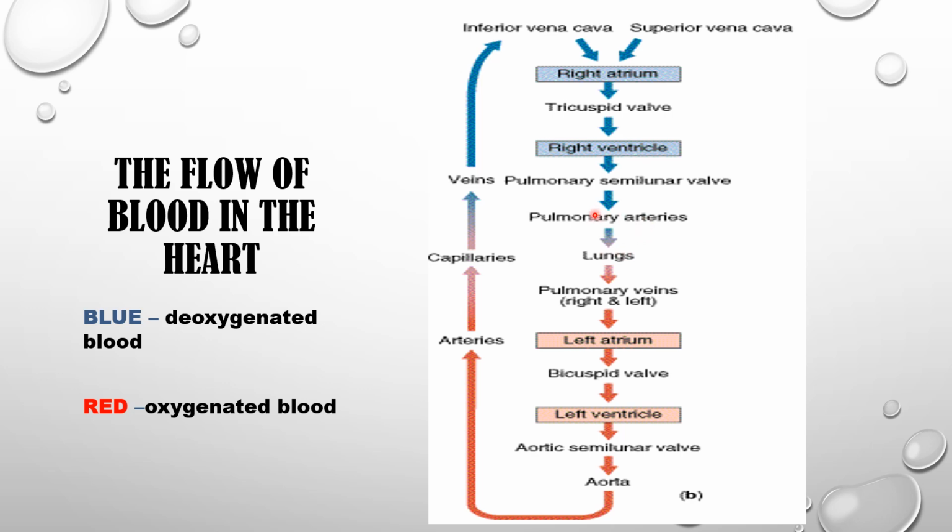When the blood gets the oxygen, it will move and become oxygenated. It moves to the pulmonary vein, the left atrium, bicuspid valve, left ventricle, aortic semilunar valve, to the aorta, then to the arteries, and to the capillaries where the exchange of gases happens.